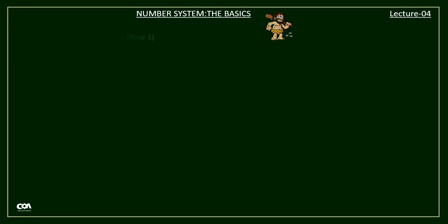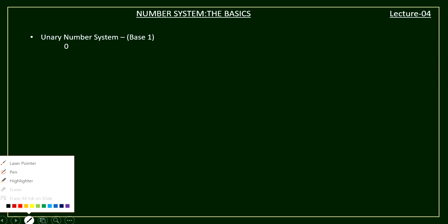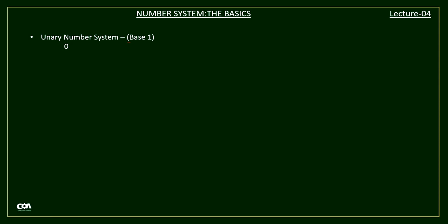This was basically a unit number system, because in a unit number system the base is 1, and only one symbol is used to represent all the numbers. Another very important number system that was introduced is the decimal number system.